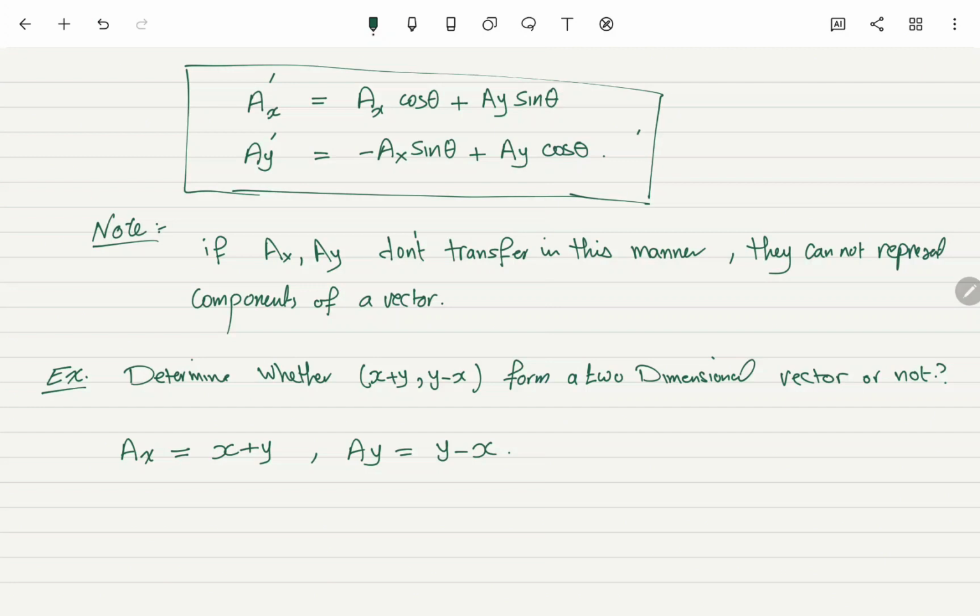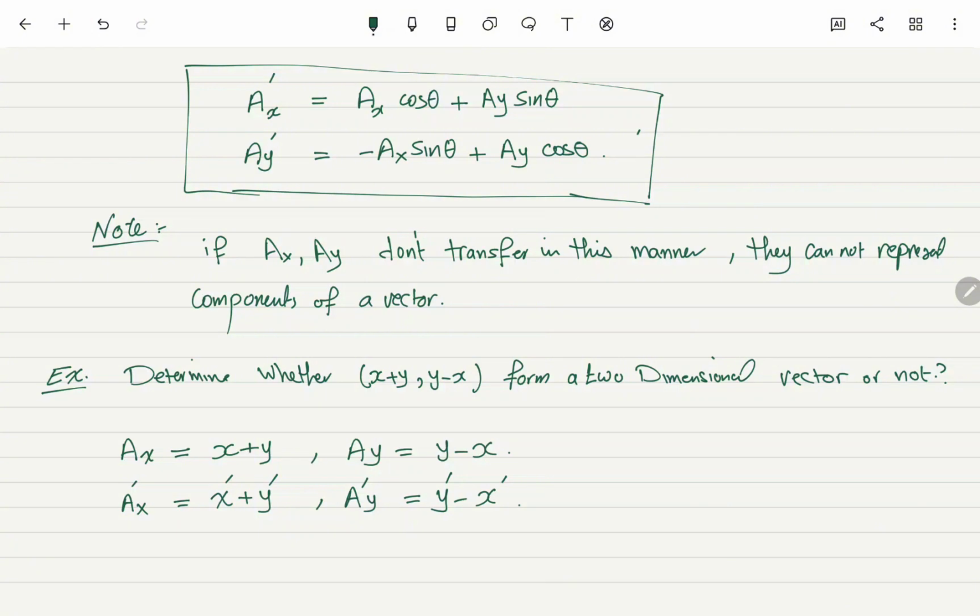Since ax prime and y prime must have the same form of dependence on x prime and y prime, therefore ax prime has to be in the same manner, and ay prime equal to y prime minus x prime. And we just have the definition for x prime and y prime.